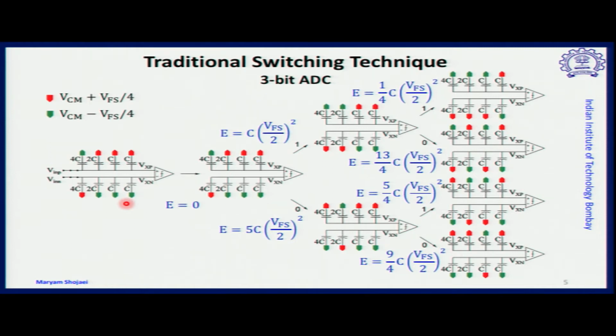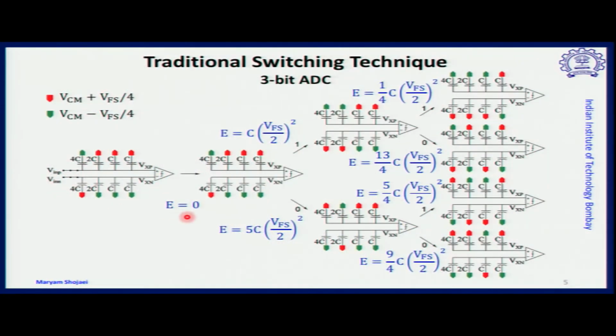So this is initialization. Eventually, we are initializing the voltage across capacitors in this way. But the first comparison is between V in P and V in N themselves. It doesn't have anything to do with the voltage stored on the capacitors.